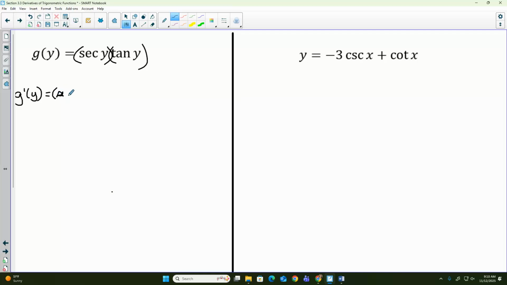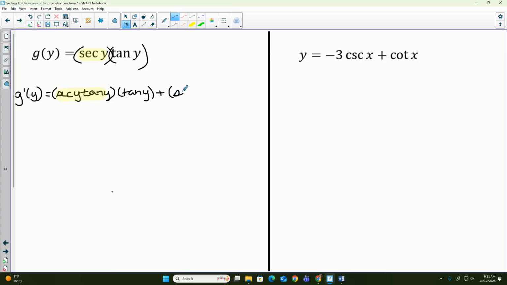Secant is tangent. Except this time it's y, so secant y tangent y. So that's the derivative of the first one times the second, plus the first.